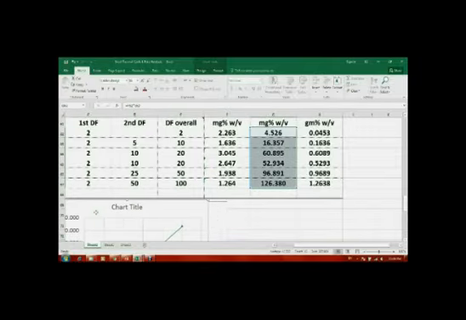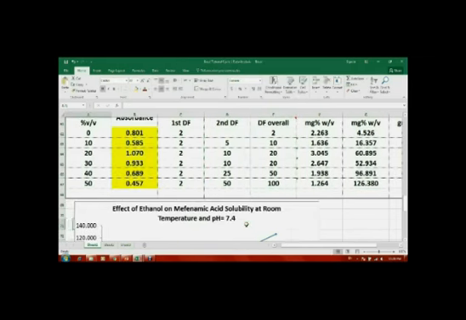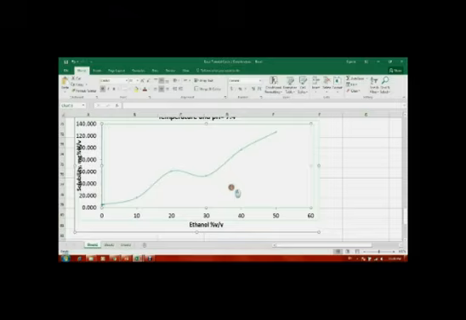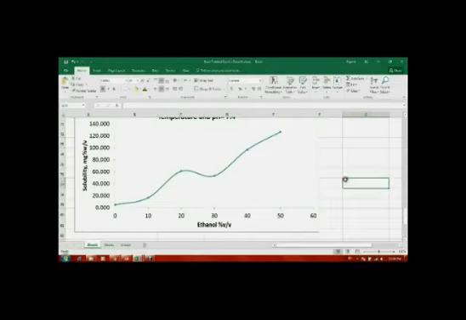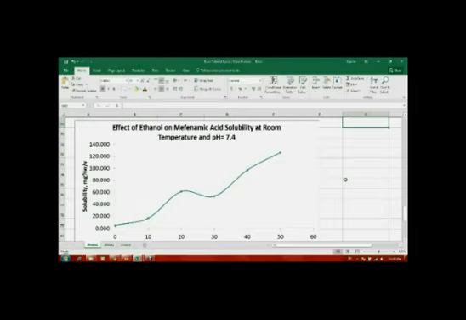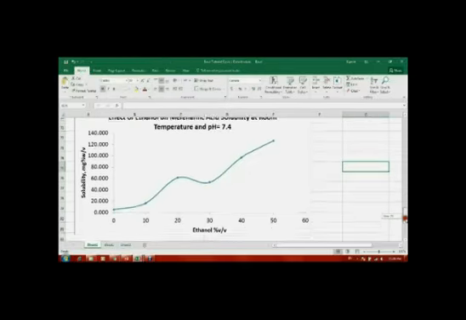Again, use a scatter chart from which you have to select scatter smooth lines and markers. Add axis titles and chart titles. The curve should be entitled as the effect of ethanol on mefenamic acid solubility at room temperature and pH 7.4.